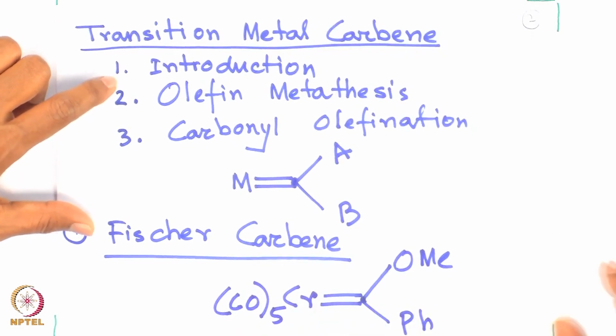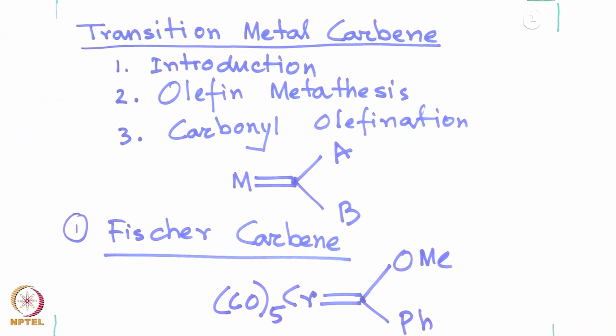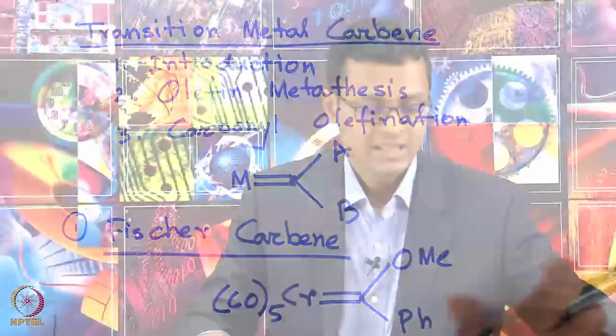If you look at this chromium complex very carefully, the chromium center is attached with some ligands and the carbon center is also attached with some substituents. Let us look at each of these features quite carefully.